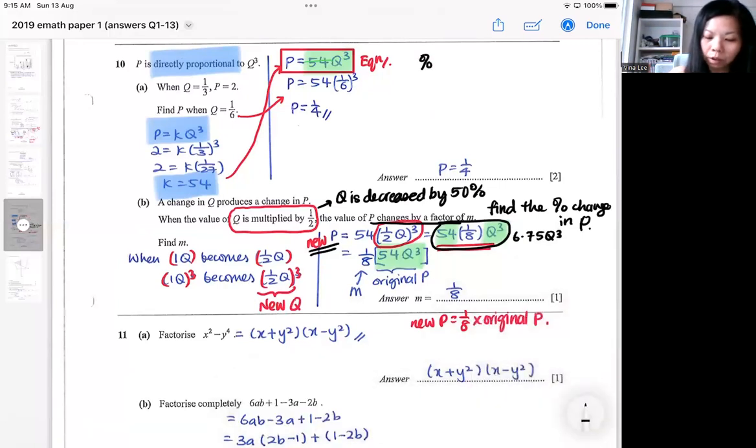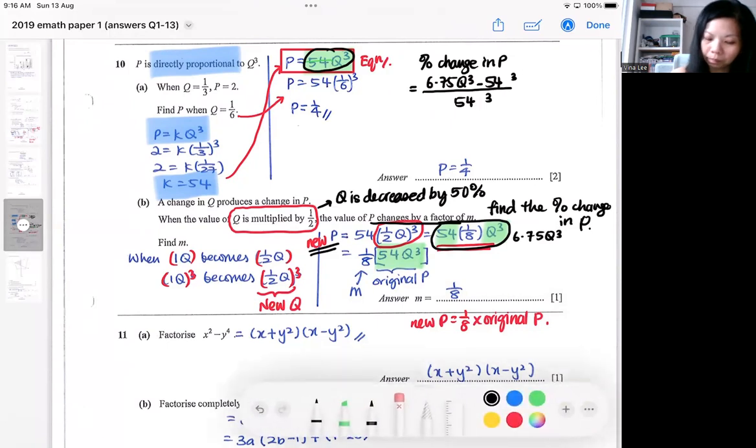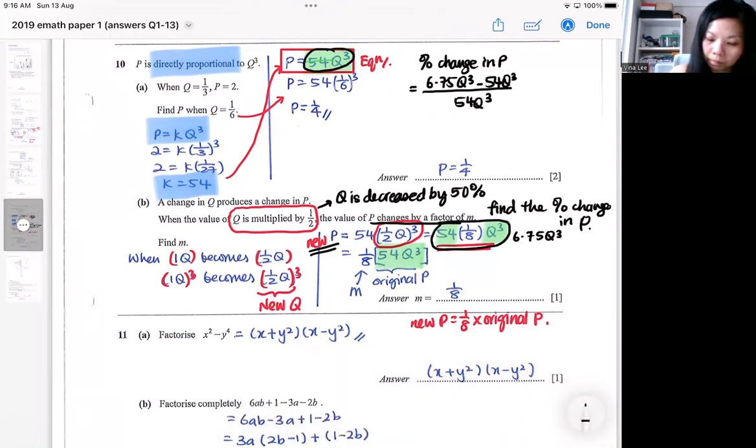So my percentage change, if I rephrase the question, will be whatever new one, which is the 6.75 Q cube, subtract the original P. Then I divide by the original P. Then I can calculate my percentage change.